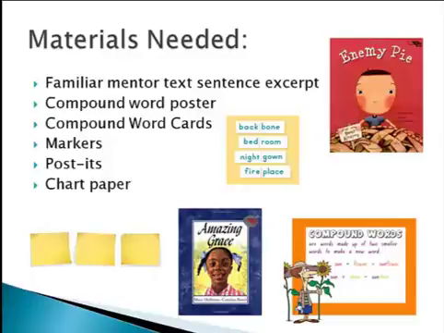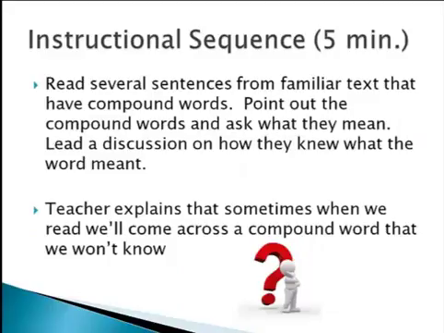It's particularly useful if you use words that are crucial to their vocabulary at that time of the lesson. You'll also need compound word cards, such as the one shown here, that can be put together and taken apart again, plus markers, post-its, and chart paper.